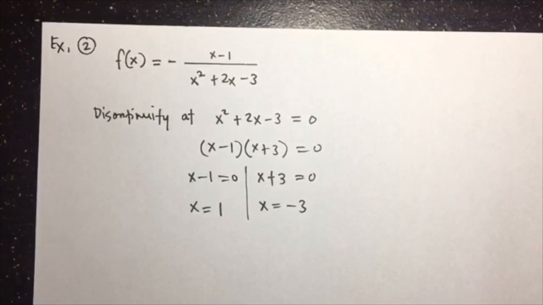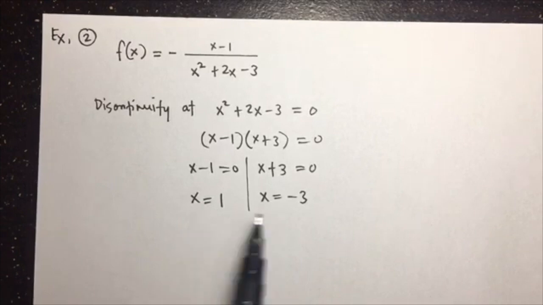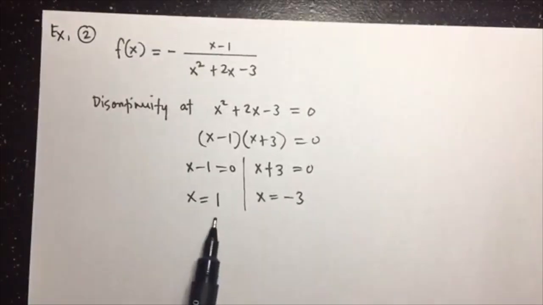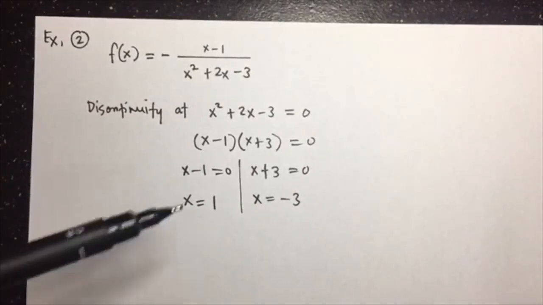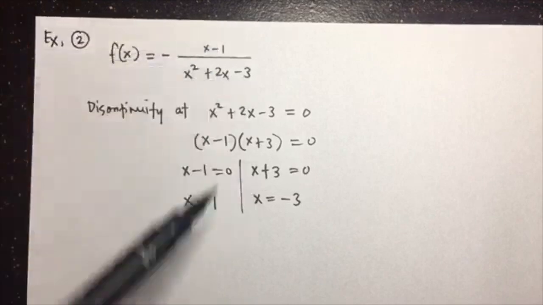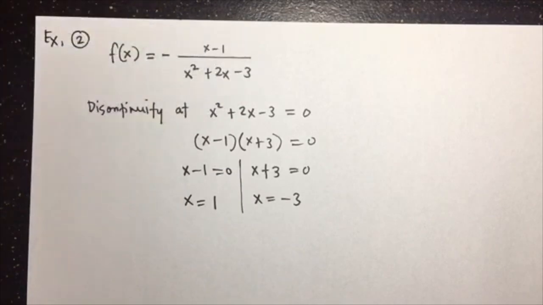Okay, and then next we will evaluate the limit at each. Even if you try it by yourselves, if we substitute x is equal to 1 in the function and x is equal to negative 3, then this function will become indeterminate.